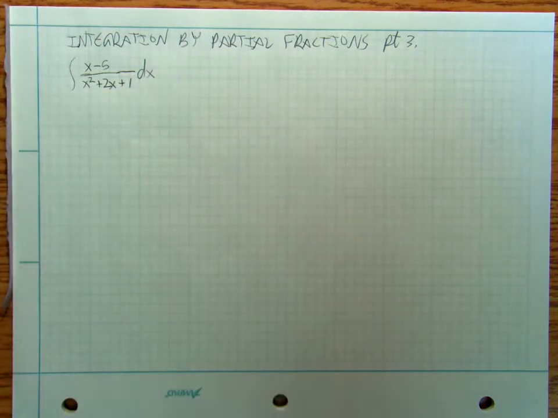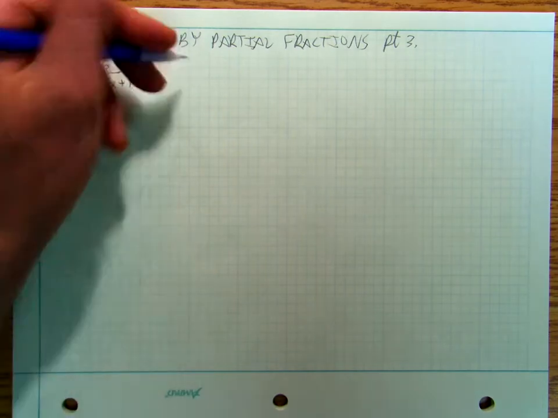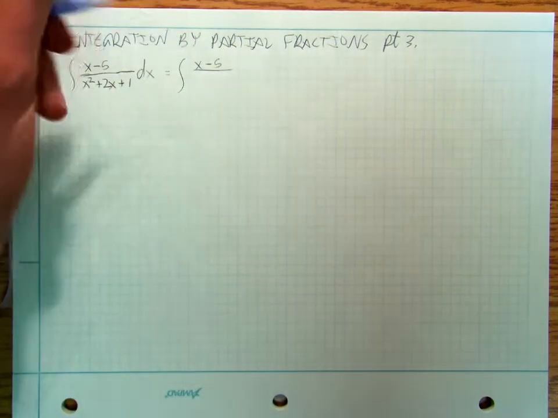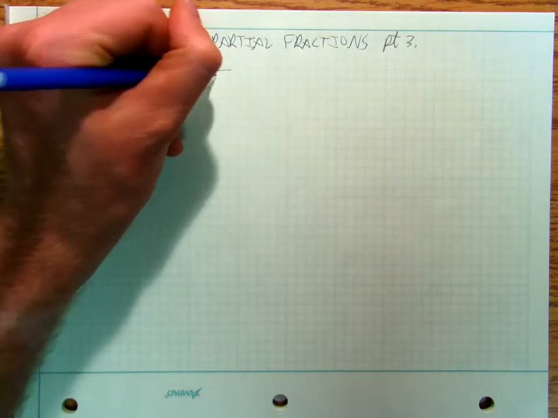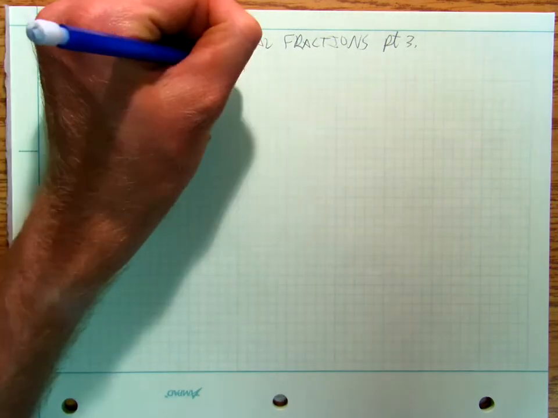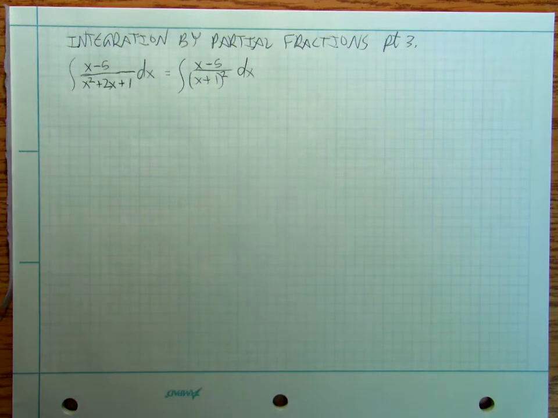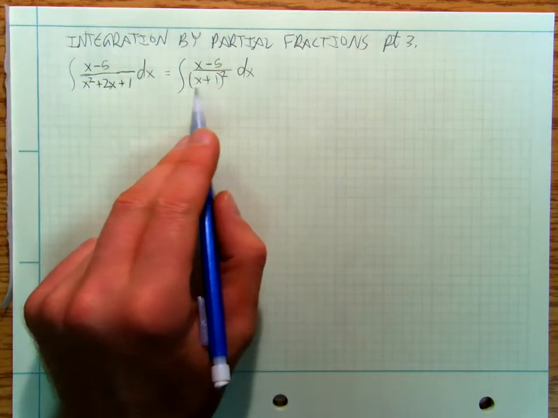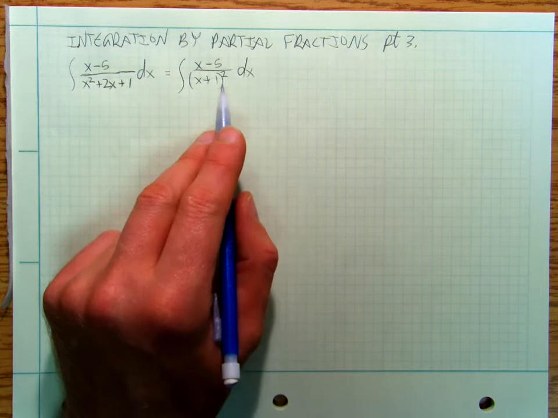Okay, so what I'm going to do is rewrite the bottom. This is going to be x plus 1 squared. Now my partial fractions rule says that because I've got a repeated factor, it's x plus 1 times x plus 1.